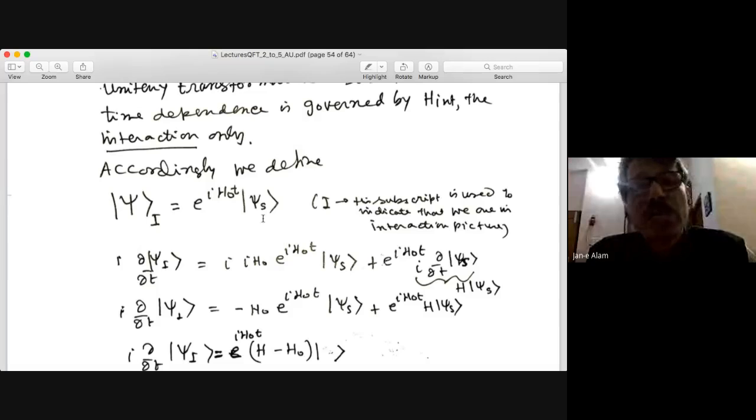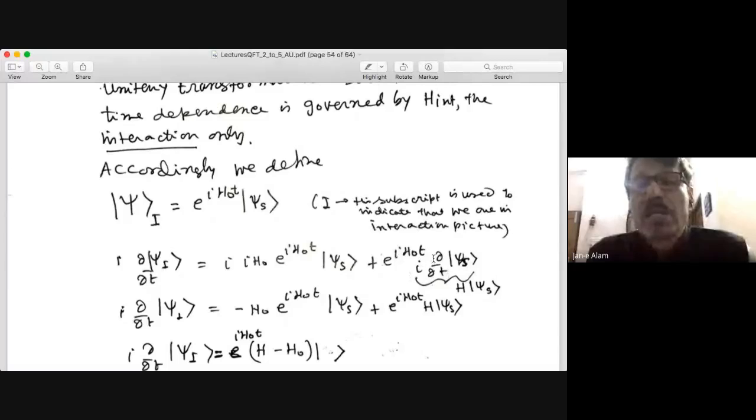And you know the Schrodinger psi depends on time, right? So there the states are time dependent, but operators are time independent. So then I have a derivative, another term, d/dt of psi S. If you just subtract out one i from both sides, then what I am taking here is the partial derivative of both sides with respect to time.